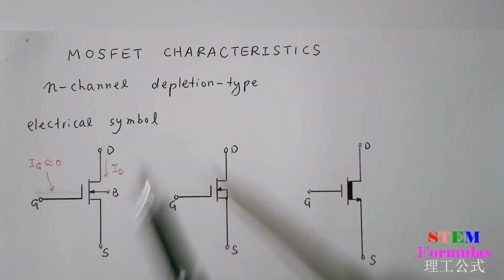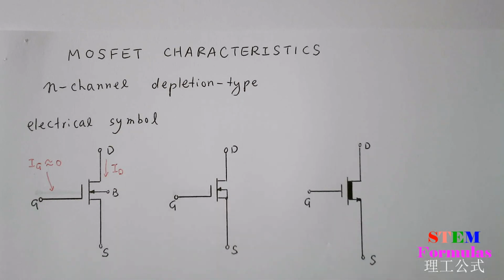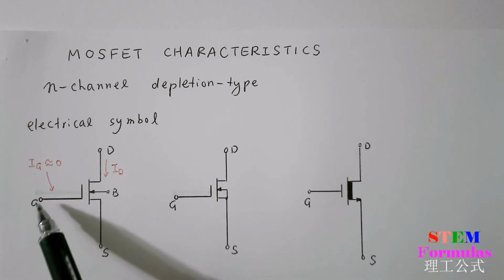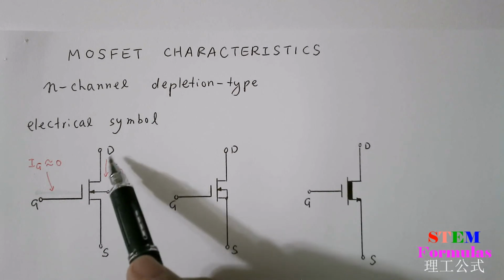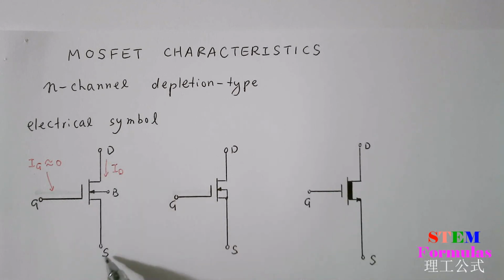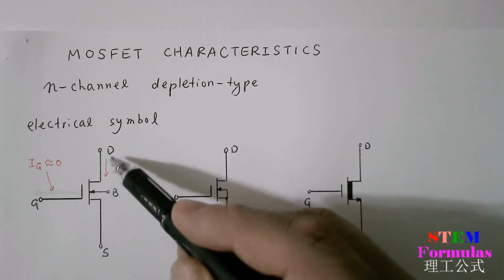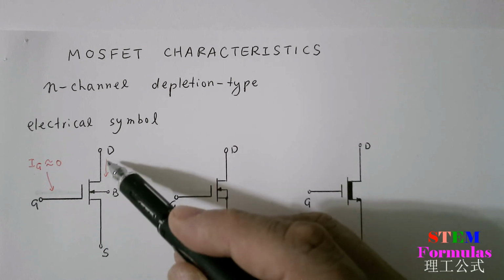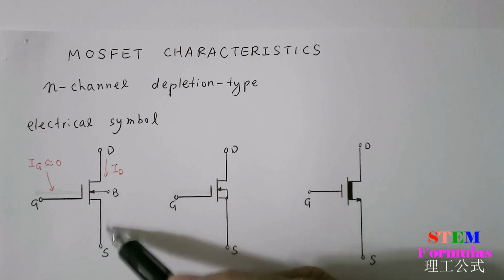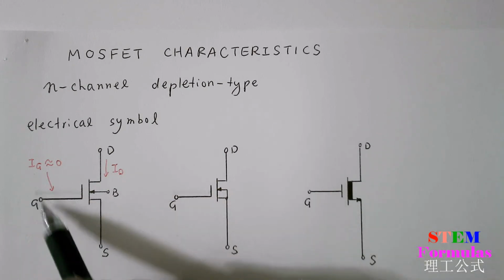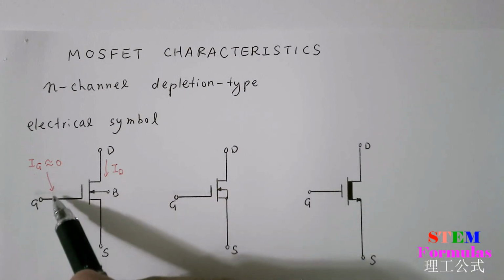The electrical symbol is as follows. Here's gate, here's drain, and here's source. And ID is current flowing through this drain. ID is also equal to IS because the gate current equals 0.